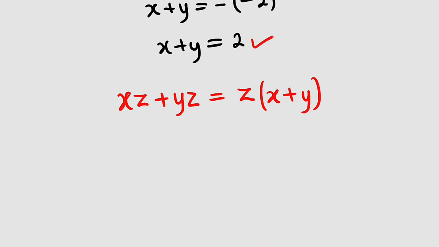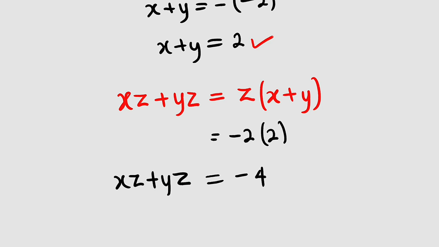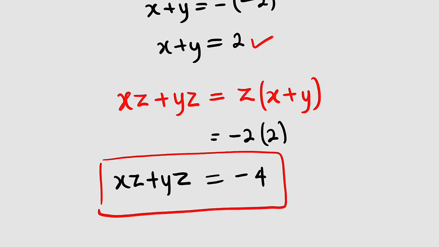So this is the same thing as saying negative 2 multiplied by positive 2, which is equal to negative 4. It means that xz plus yz is nothing but negative 4, and this is exactly what we are looking for.